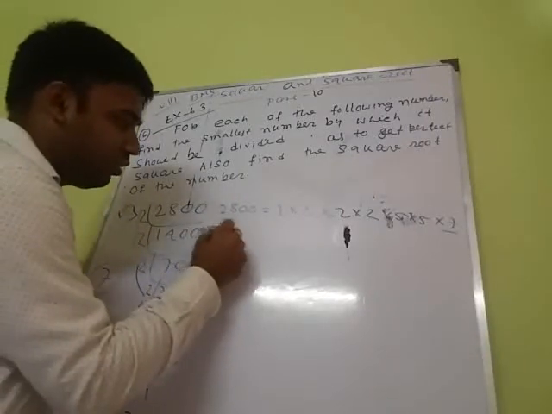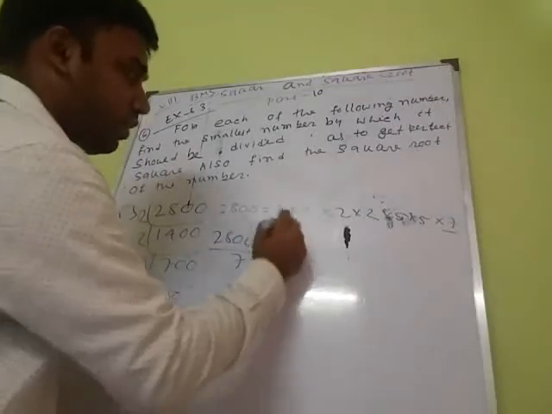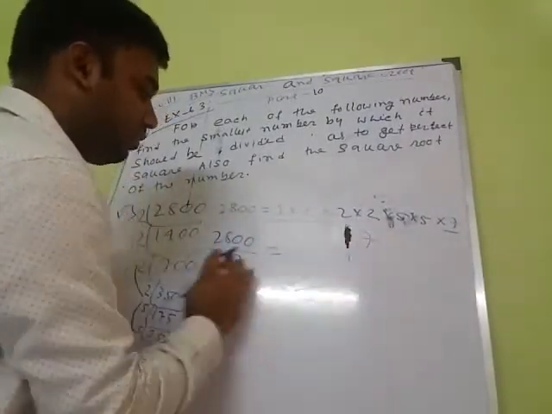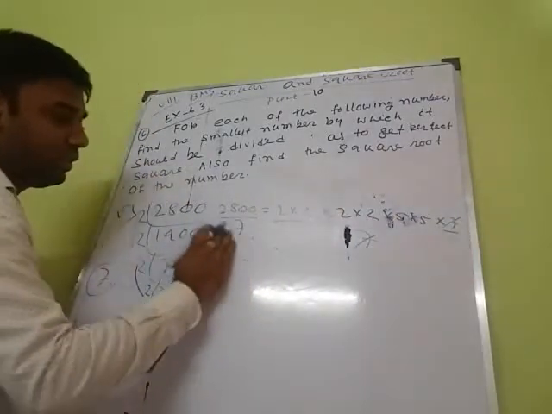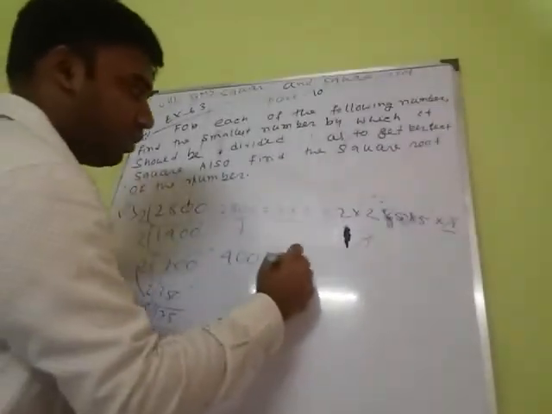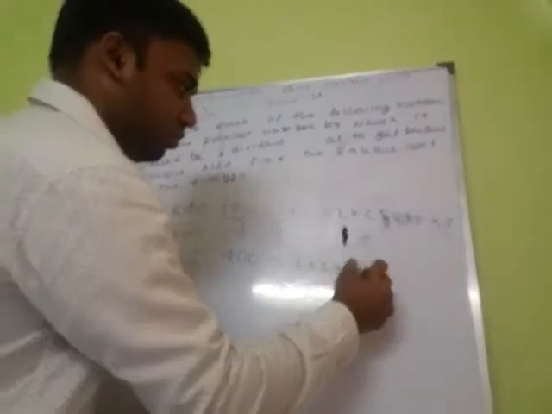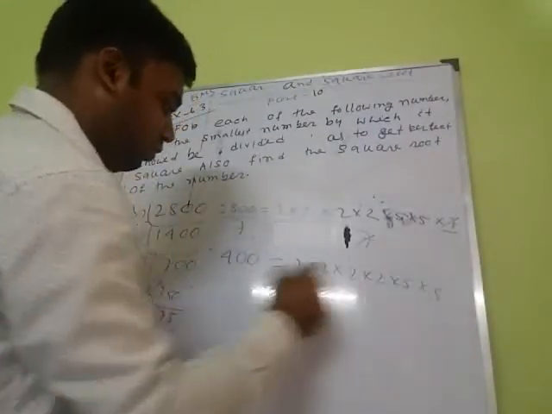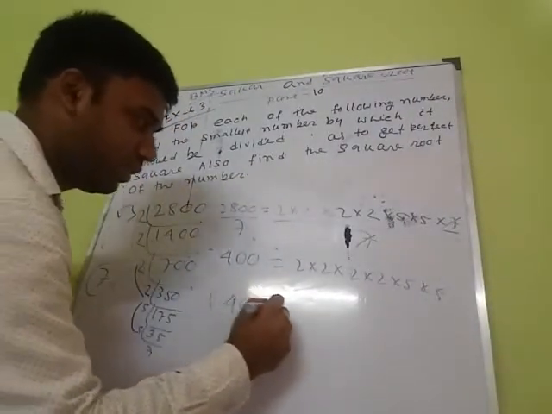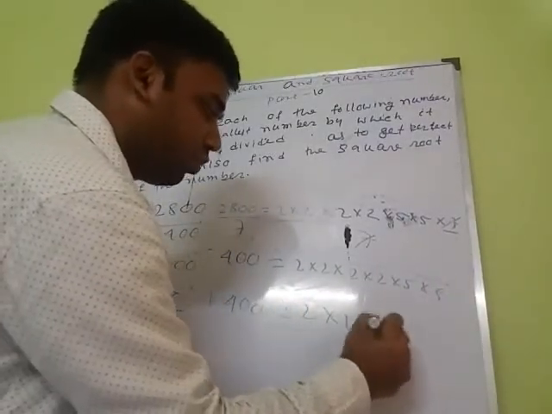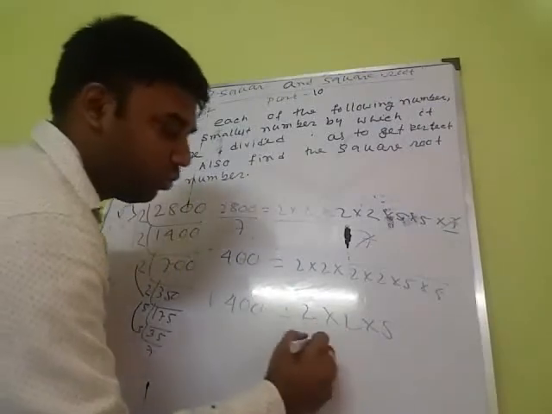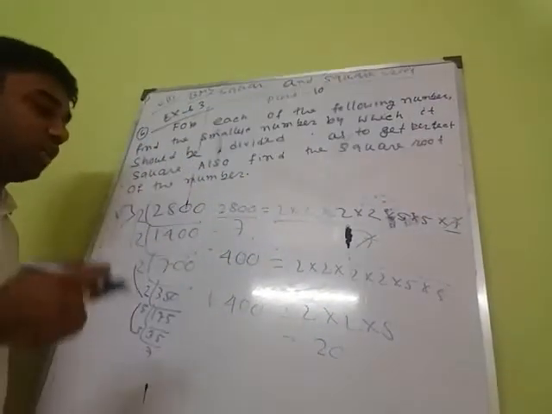After removing 7, we get 400. The square root of 400 has pairs of 2, 2 and 5, that is 2 into 2 into 5, which is 20.